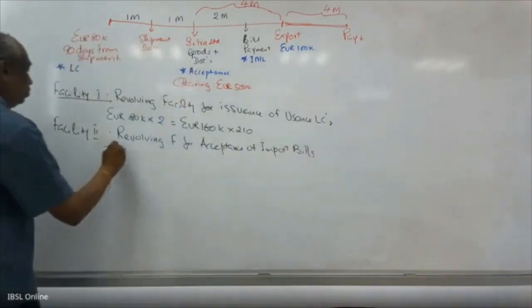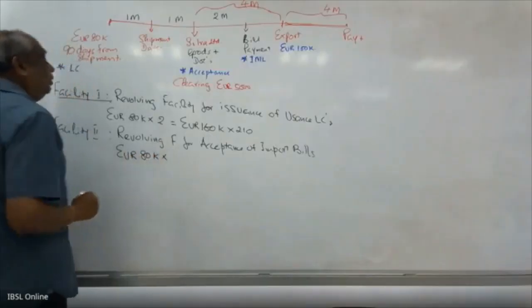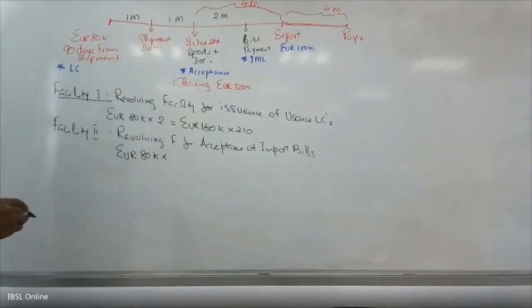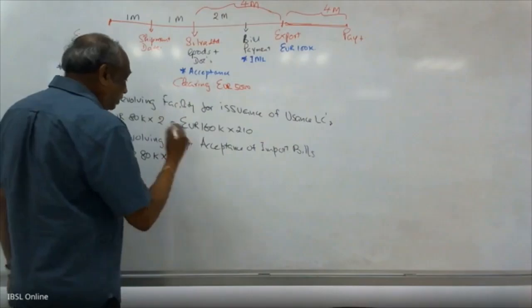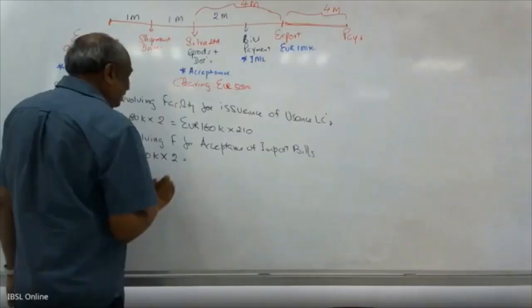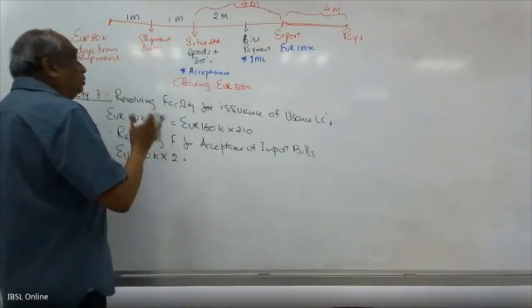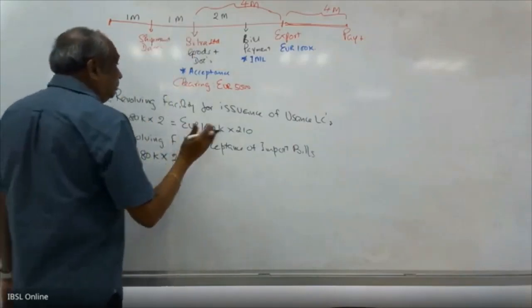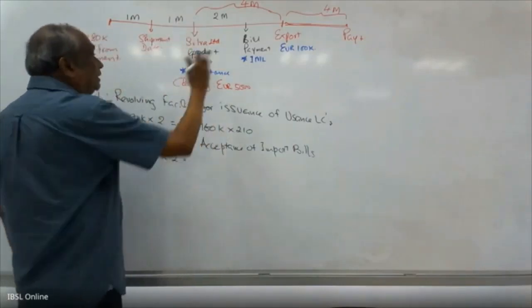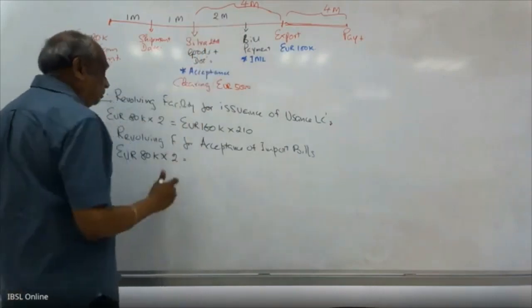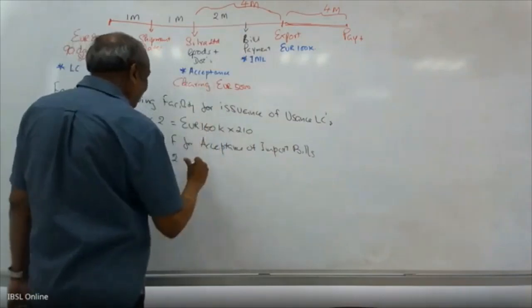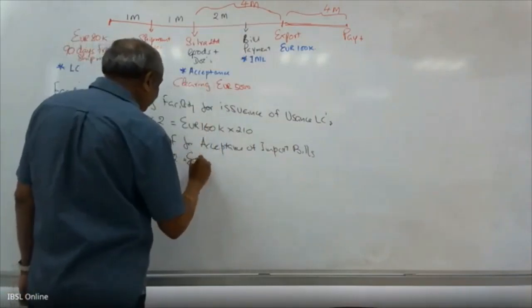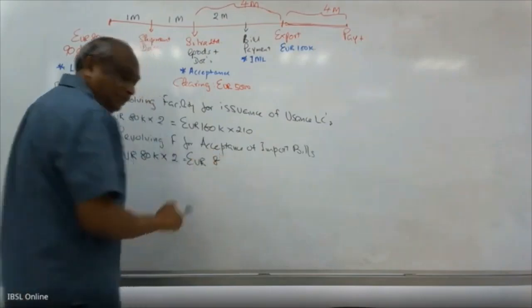That is Euro 80,000 into 2 months, 2 times, right? Because we'll have to accept 2 such bills before we settle the first one. Before we settle the first one, we have to accept 2 such bills. So Euro 160,000.